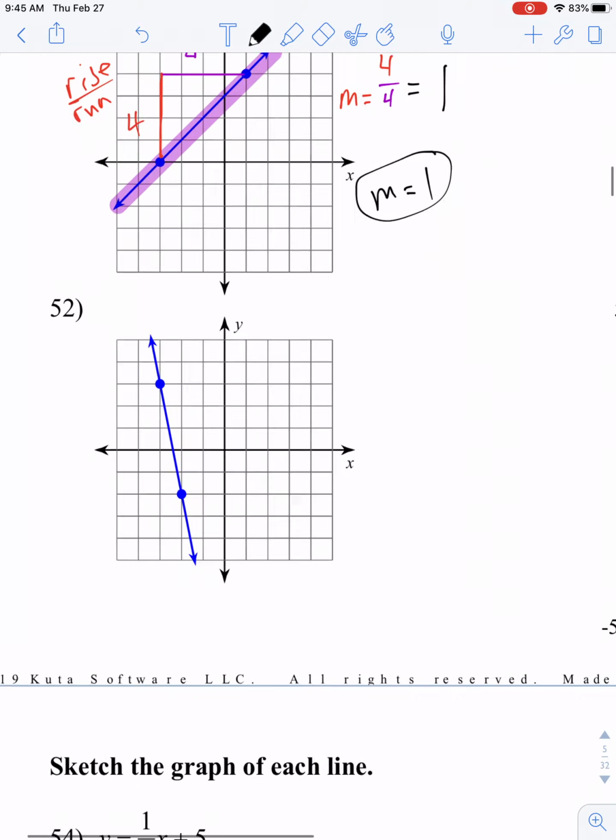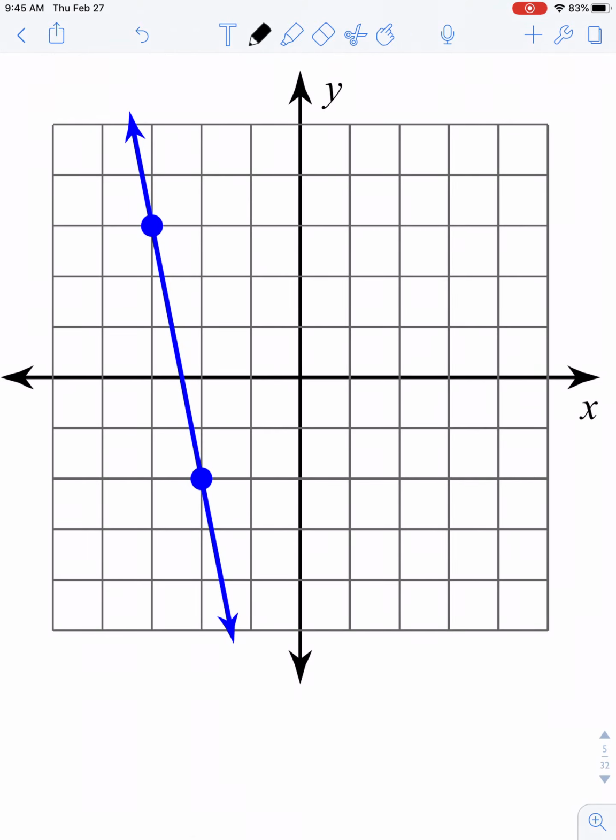Moving on to number 52. Again, I'm going to check the rise first. So we're talking about all the way down to here. 1, 2, 3, 4, 5. And then we'll check the run, which is 1.